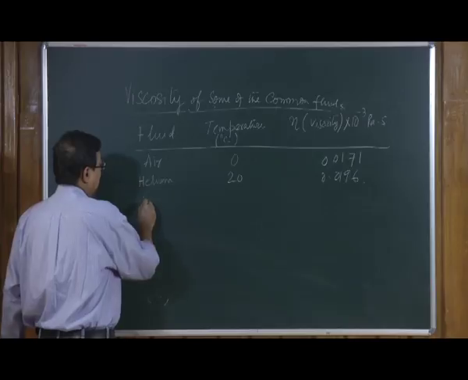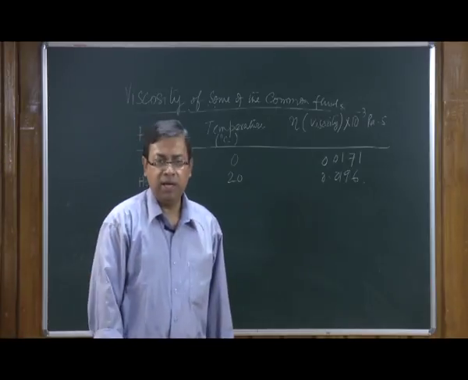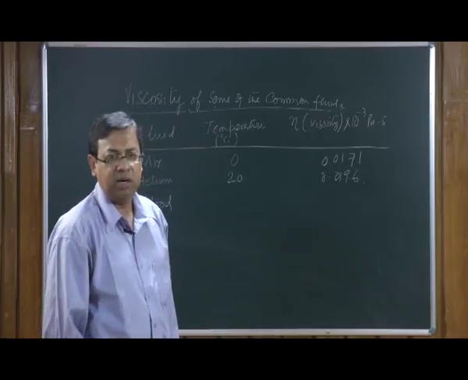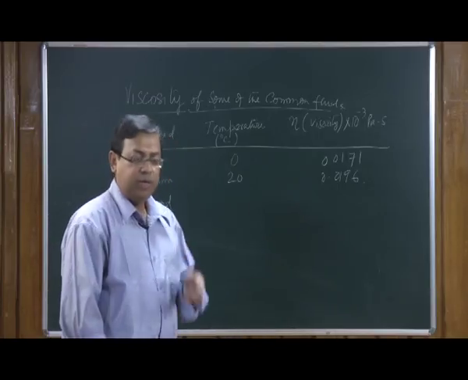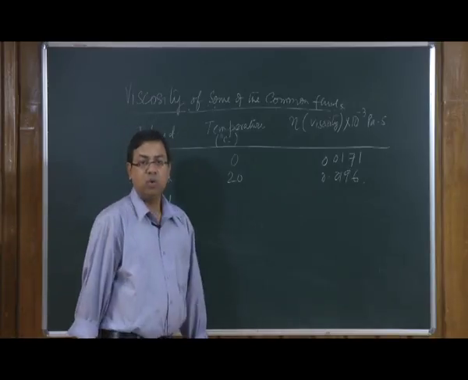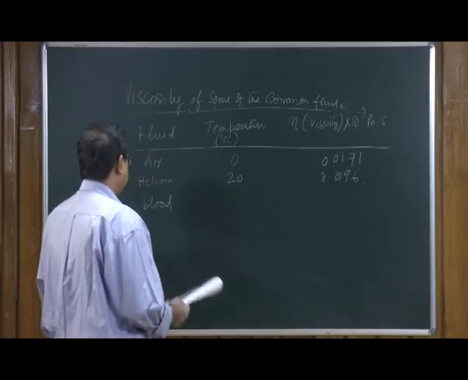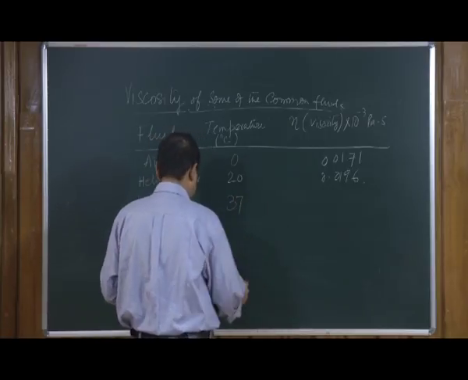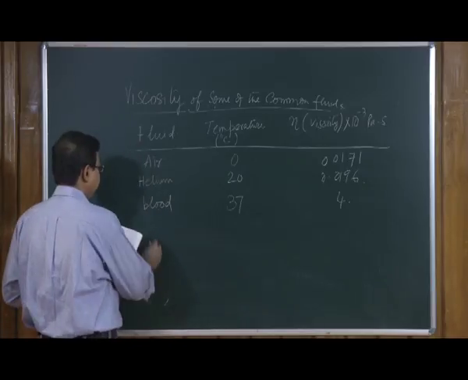This is blood. When I say blood, I usually mean whole blood. There is also another component called blood plasma, which varies from the whole blood by just a little bit. We just quote this value, even as we have quoted for surface tension and others, for the whole blood. It is at 37 degree centigrade and the value is very close to 4.